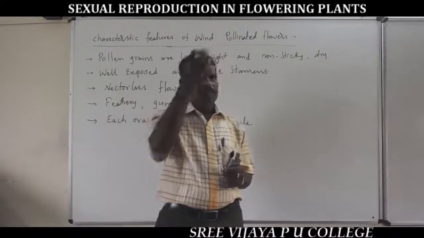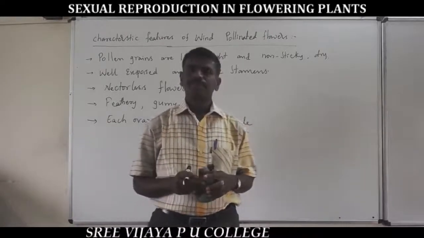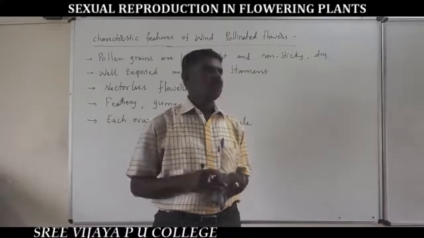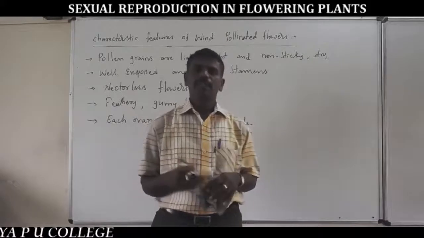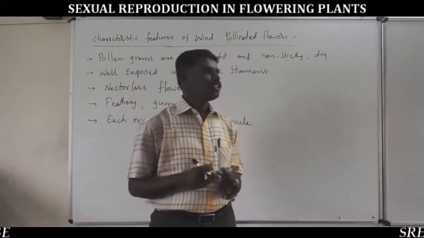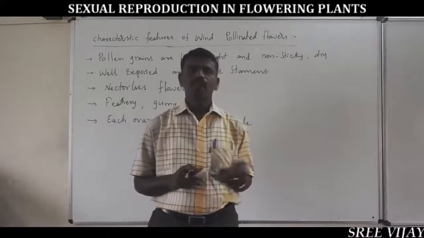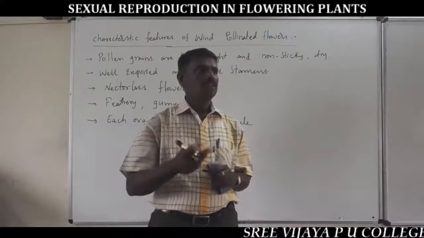The pollination is made successful by certain agents, either biotic agents or abiotic agents. The abiotic agents are like wind and water, and the biotic agents are like animals.